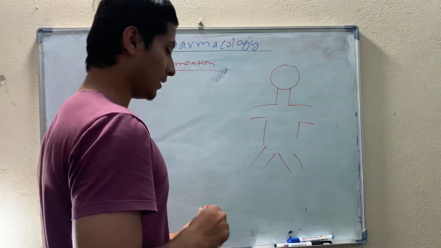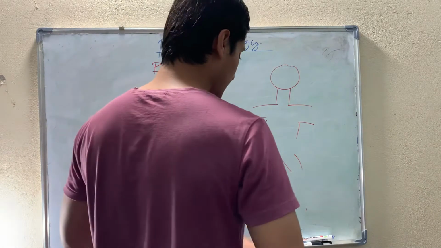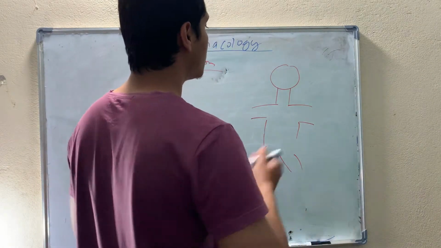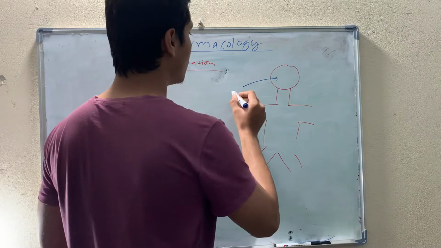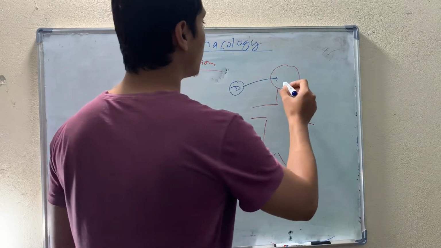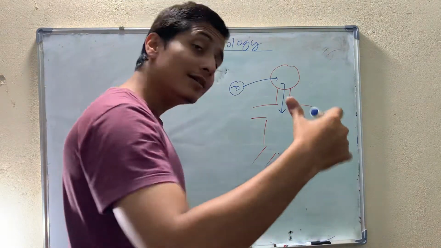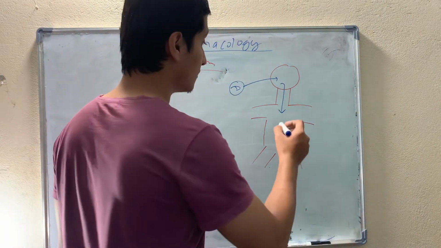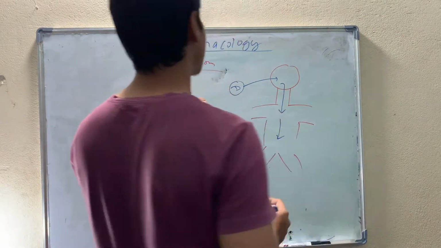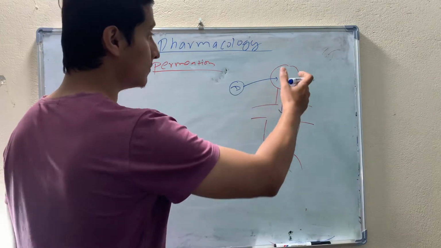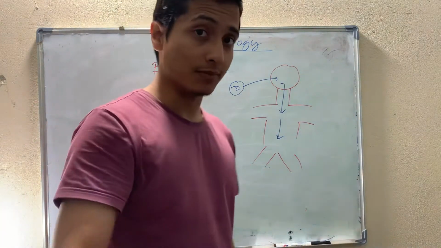Now you take a drug. The drug has to move into the body effectively to show its action, right? So it's all about permeation, about how effectively the drug moves into the body.